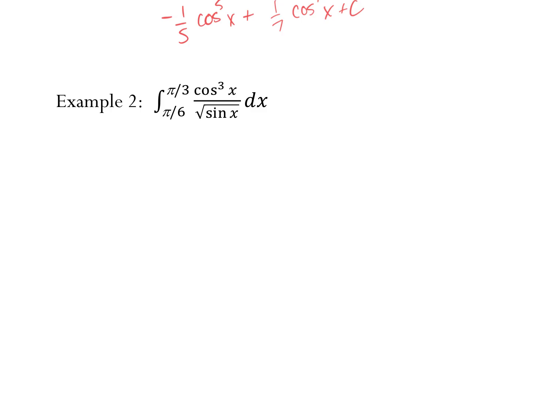Split up cosine cubed to cosine squared x times cosine x. Okay. And then I would do one more thing with that cosine squared. Make it 1 minus sine squared.